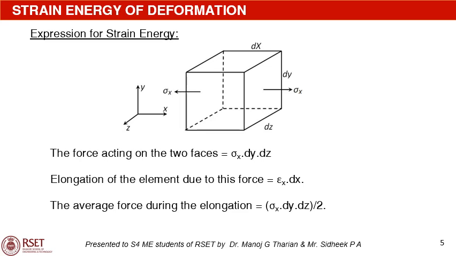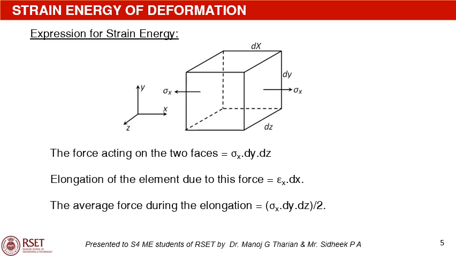The force acting on the two faces, whose normal is along the x direction, is given by sigma x into dy into dz. Let epsilon x be the strain along the x direction. Then we have elongation of the element due to the force along the x direction equal to epsilon x into dx.